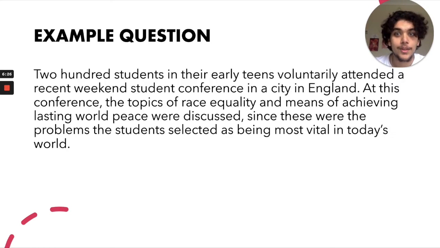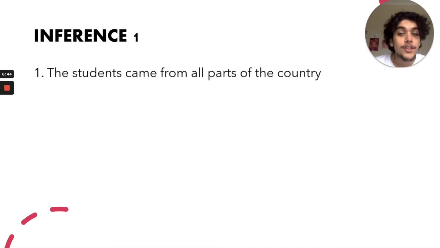So 200 students in their early teens voluntarily attended a recent weekend student conference in the city of England. Topics of race equality and means of achieving lasting world peace were discussed, because these were the problems the students selected as being most vital in today's world. So the students came from all parts of the country.